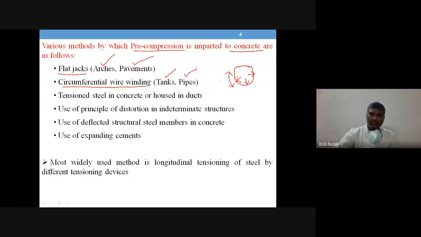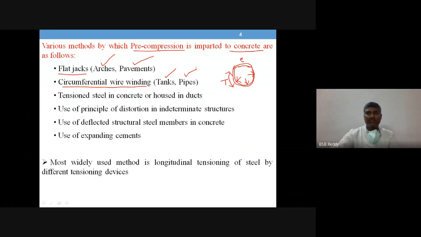So before the hoop tension comes, if you can somehow induce a hoop compression into the pipe material, this is something like the wire winding. If you wind the wire around the pipe, that will try to compress the pipe material. Okay, so that will induce prior compression.